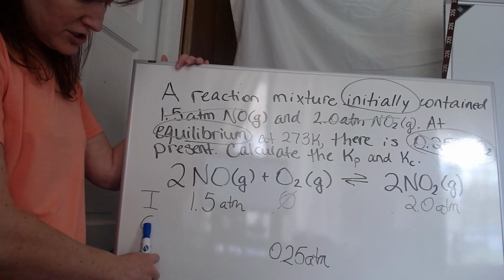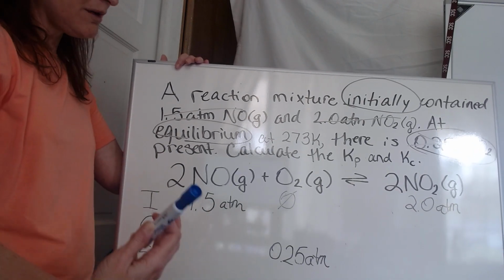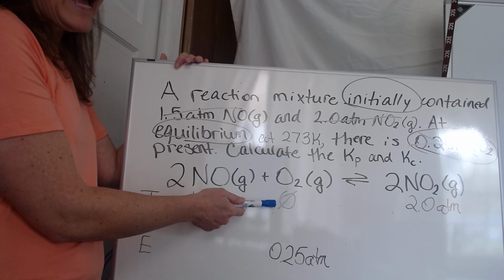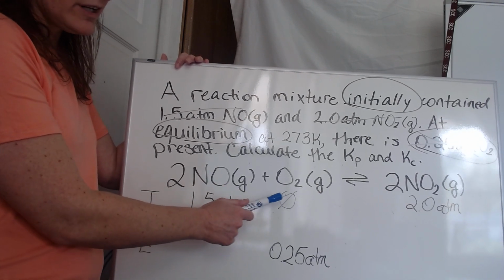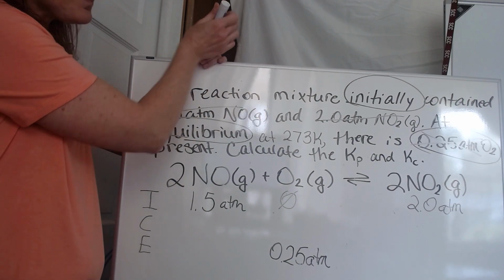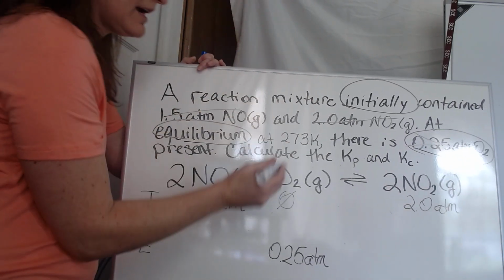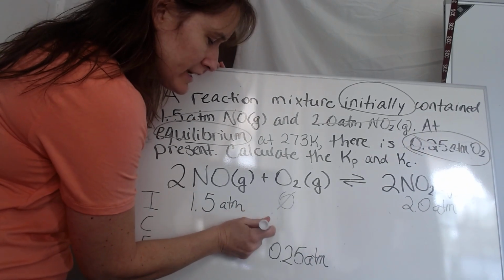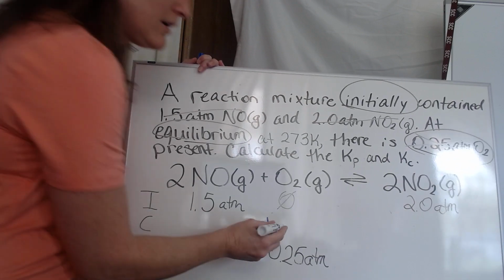The change is always going to be either you create or you destroy the chemical. If I had 0, I have to create it, because you can't have anything react if you didn't have any at the beginning. Wherever you have a 0, it's got to be plus. If I went from 0 to 0.25, then I created 0.25.